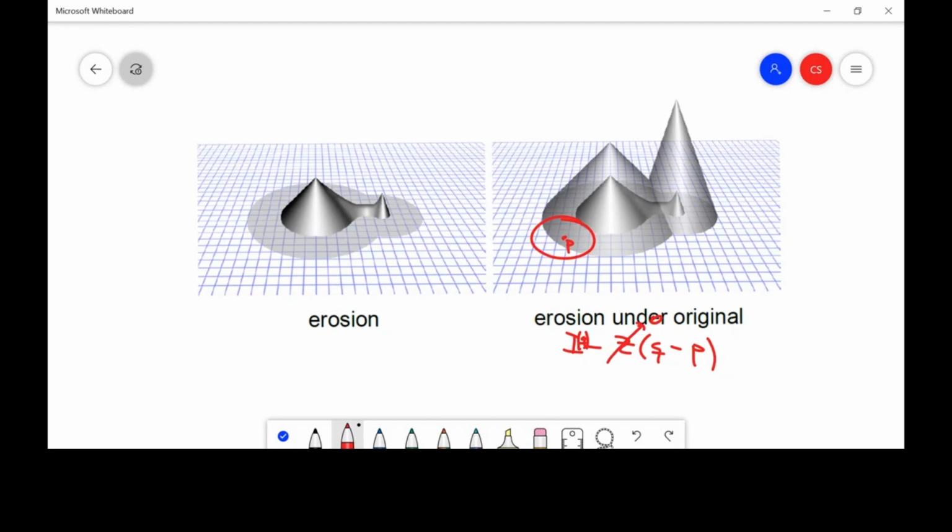But you have to evaluate that for all the points belonging to this support, belonging to this area.